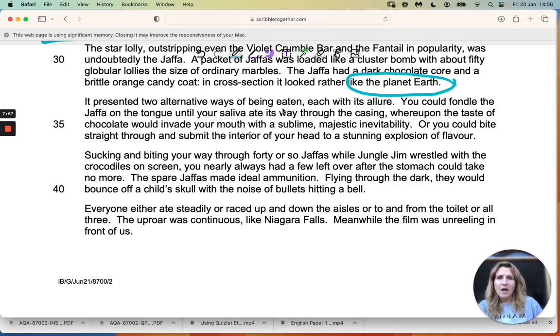It presented two alternative ways of being eaten. You could fondle the Jaffa on the tongue until your saliva ate its way through the casing, whereupon the taste of chocolate would invade your mouth. Invade. Bit of a violent word. Sublime, majestic inevitability. Or you could bite straight through and submit the interior of your head to a stunning explosion of flavor.